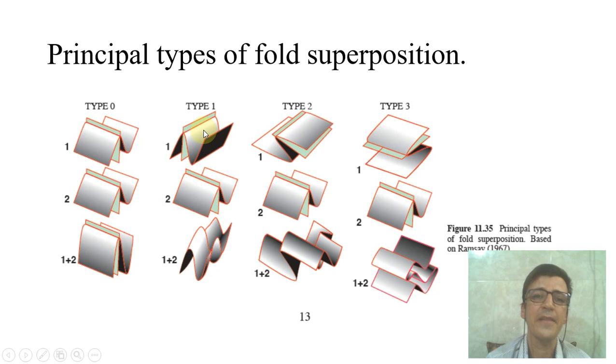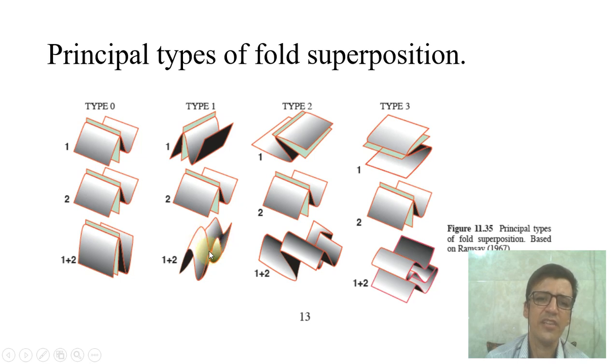What about type 1? It's going to be a little complicated. This is, for example, in the S direction. If a fold in the S direction has a pressure in the east and west direction, what's the structure? Oh my god, this structure is created.